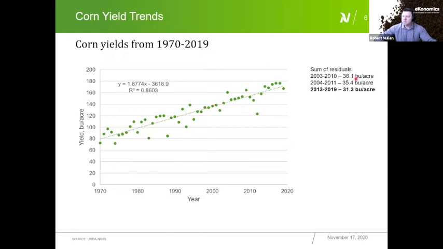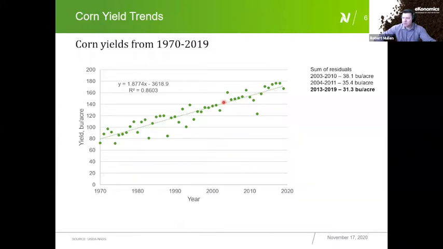But all I really want to spend some time on is talking about this concept of sum of residuals. Essentially what we do is we look at the difference between this observation and the trend line. And then I'm going to start clustering years. From 2003, which is somewhere in here, I'm not really sure which one of these dots represents 2003, I'm going to suspect it's this one.